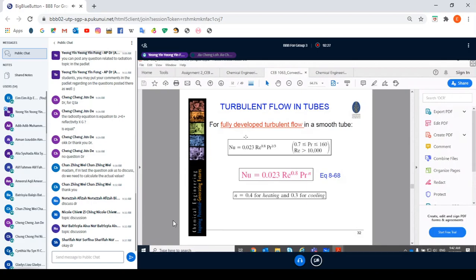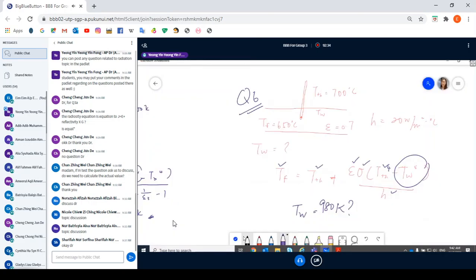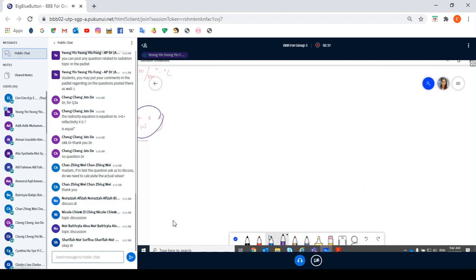So I go to the whiteboard. We just go through a very quick summary on the internal force convections. For internal force convection, the first thing you need to know is whether it is QS constant or TS constant.